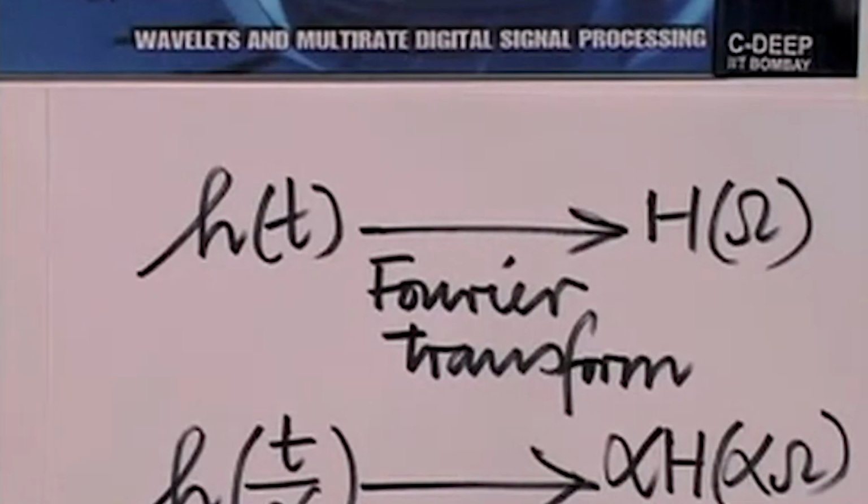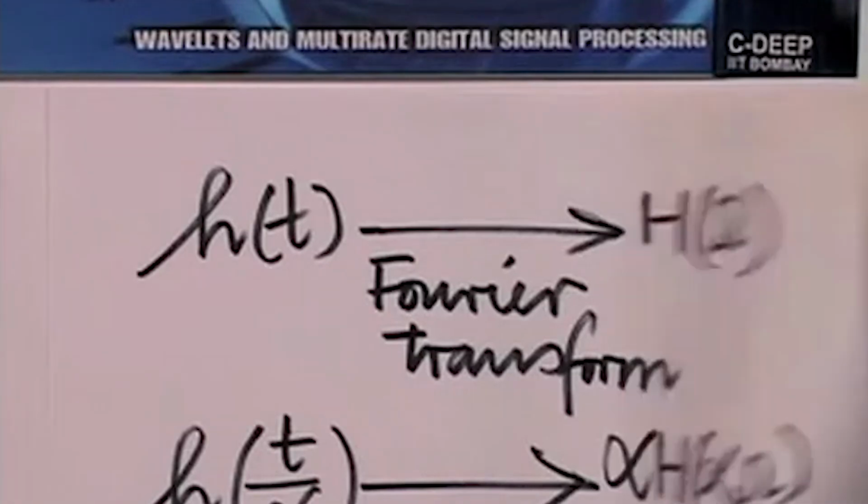Now, of course, one can generalize this for alpha real and negative. All that one needs to do is to take a modulus outside and no modulus inside, but I leave that as an exercise for you. We do not immediately require it, one can easily generalize.